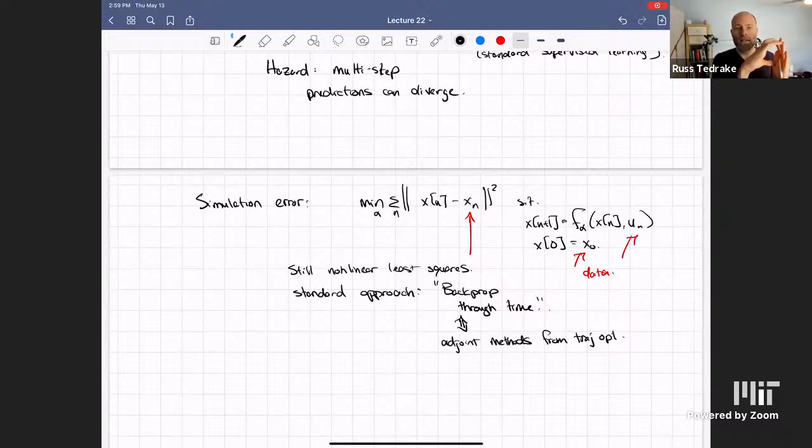But the key insight that makes both of them work is this adjoint method, this backprop through time, which is that you can just carry the gradient of your loss with respect to the current layer, the current state, and that's the only thing you have to carry backwards through time. The optimal control people call that the adjoint equation, and the neural network people call that backprop through time.